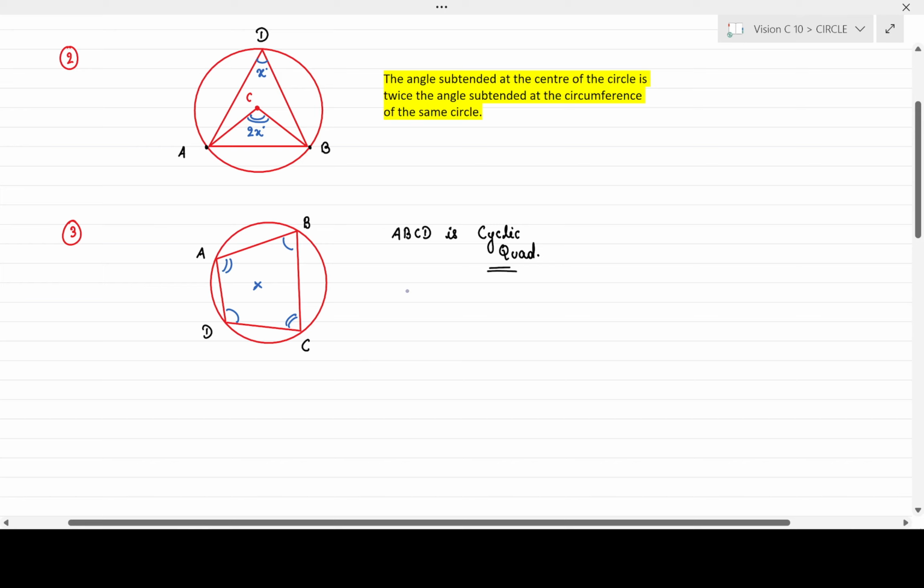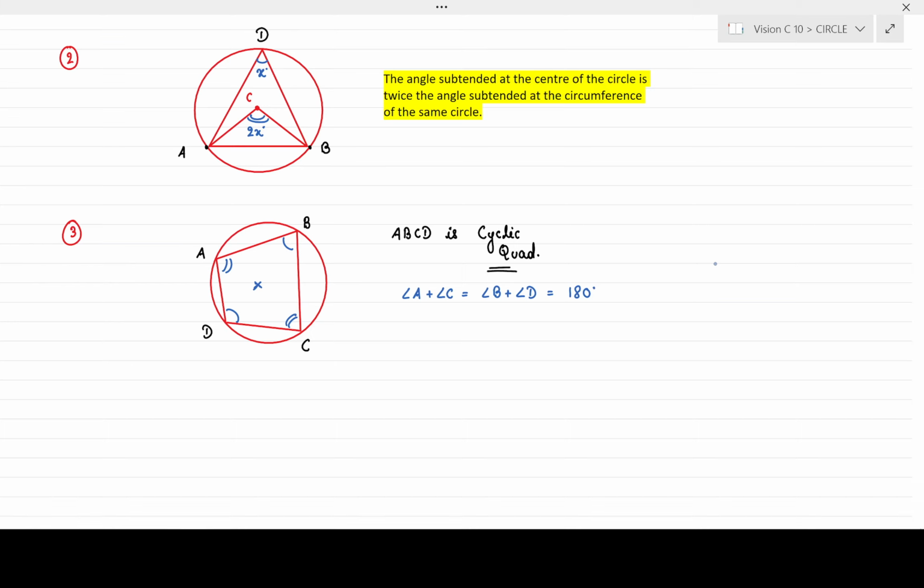That means angle A plus angle C will be equal to angle B plus angle D will be equal to 180. The sum of these opposite angles will be 180 degrees. If angle B is 100 degrees, then angle D must be 80 degrees.